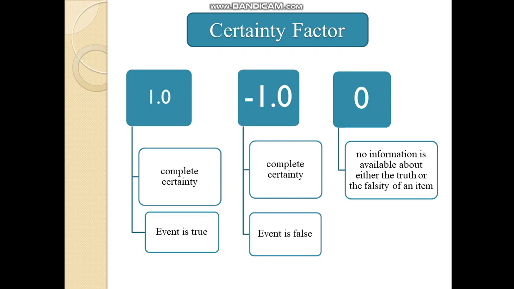If the certainty factor is -1, then there is complete certainty that the event is false. If the certainty value is 0, no information is available about either the truth or the falsity of an item.